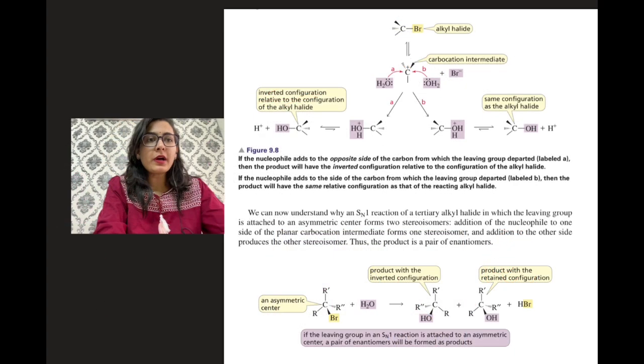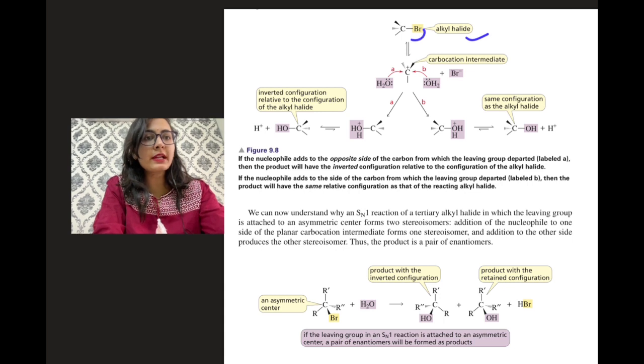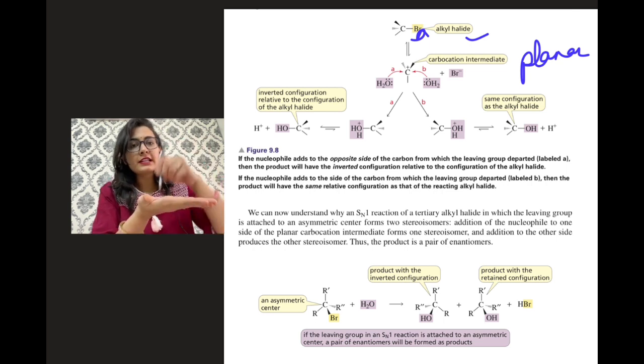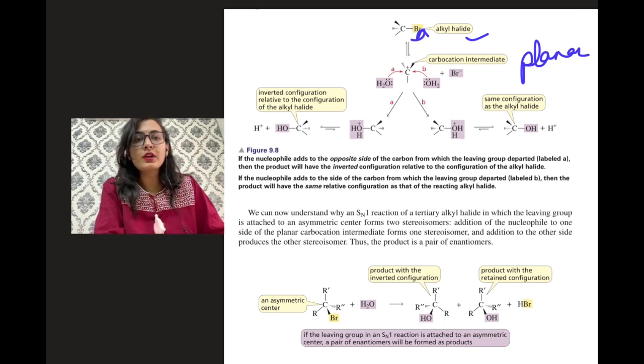Okay. Now we talk about the stereochemical aspects of the tertiary halide. So we have this tertiary alkyl halide over here, right? And we want to see how it is reacting. So in a simple SN1 mechanism, and it is also a proof of evidence of SN1 mechanism, it is going to give you two different products, right? So what happens is the Br minus is going to get eliminated, and you get a carbocation like this. Now the carbocation is planar in nature. You know that a carbocation is planar. So whether the attack is taking place from above or from below, that is going to give you two different products.